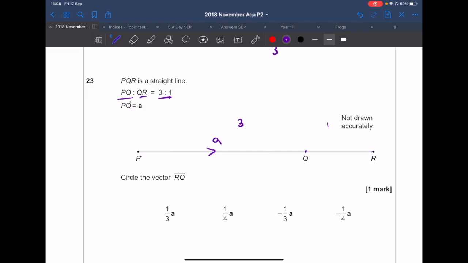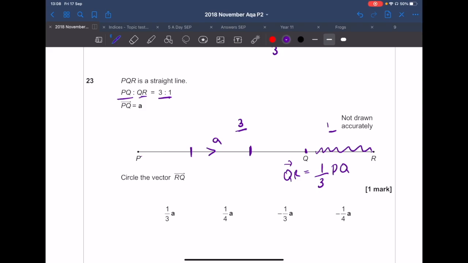What does that mean? For every 3 you've got 1. Therefore QR is 1/3 of PQ. If you think about it, you've got 4 parts altogether, and I've got 1 part here.